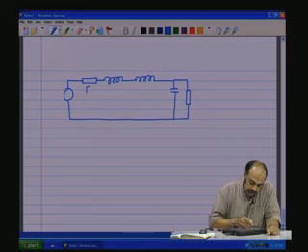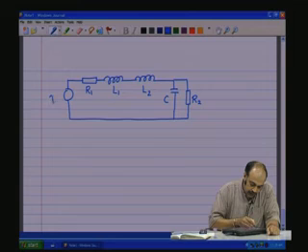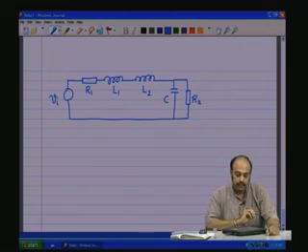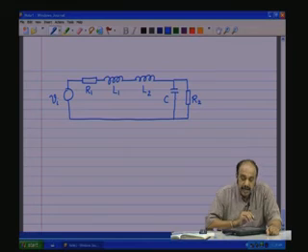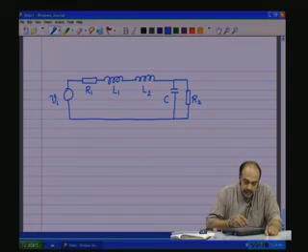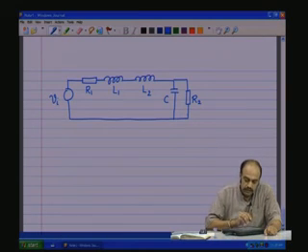So, here you have R1, L1, L2, C, R2 and an input source Vi. Apparently, it looks like there are three energy storing elements, L1, L2 and C, and therefore there should be three state variables, but it is not actually so.